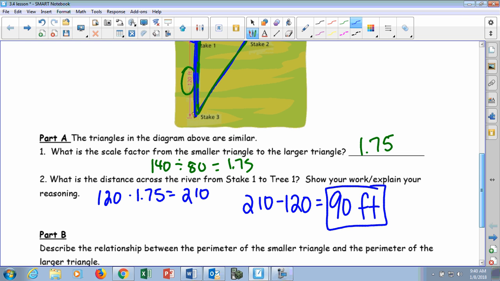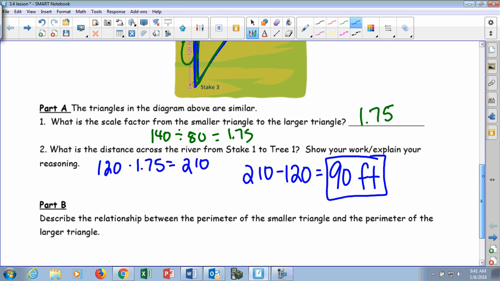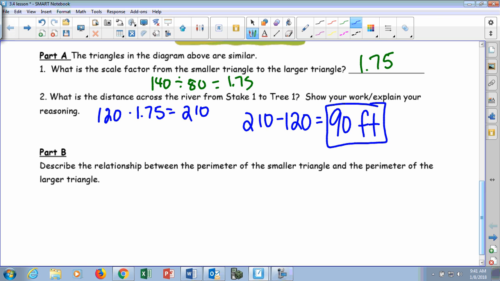So again, what do we know about the perimeter then for part B? Describe the relationship. If the scale factor is 1.75, what do we know about the perimeter? Come on, we should know this one out of the back of our hands. So only a few people want to talk today. Same people keep raising their hands. What do we know about the perimeter?